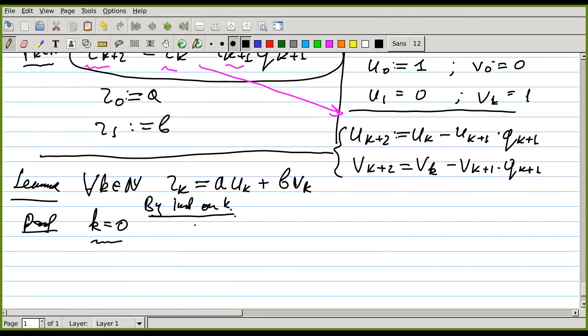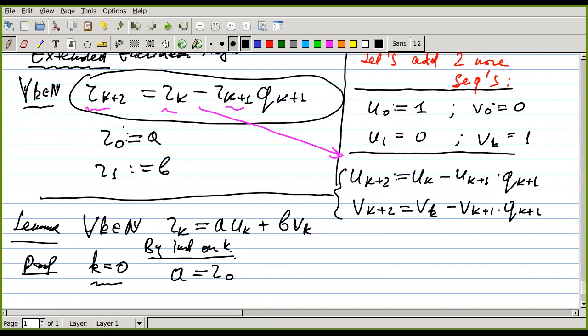For 0, I have that R0 is A. Why? By definition. Do you agree? Yes. On the other hand, it is A multiplied by 1 plus B multiplied by 0. So it is A multiplied by U0 plus B multiplied by V0.